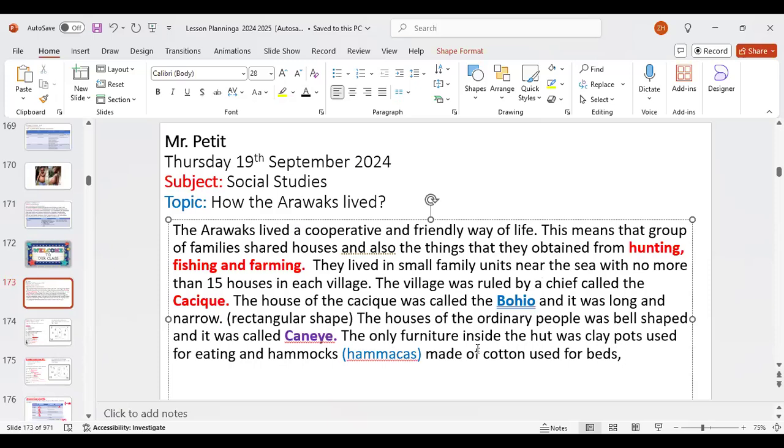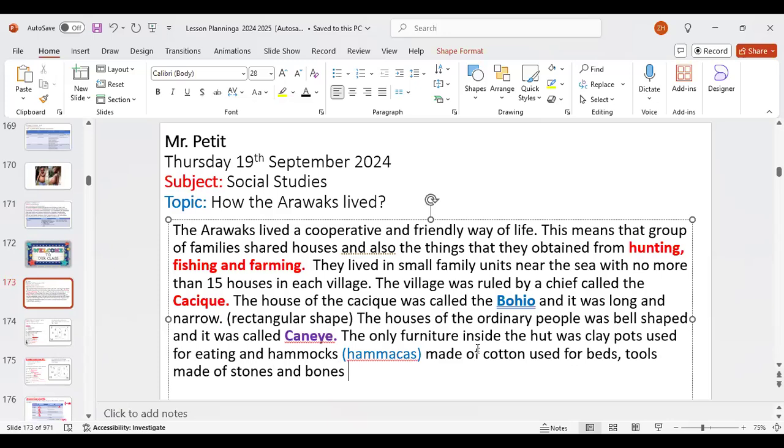What else did they have inside there? So they had clay pots, the hammocks, also their tools, right? They also had hooks. Tools made of what? Stones and sticks and bones.